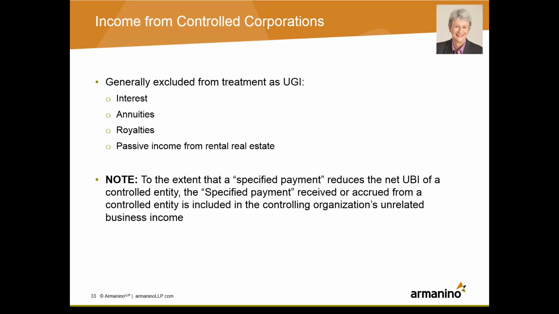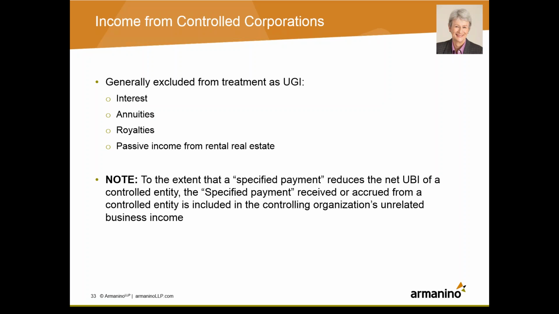So you know that generally interest, annuities, income from royalties, and passive income from rental real estate, as long as none of these things are debt financed, are generally excluded from treatment as unrelated business income. I don't know what UGI is, but it's an interesting acronym. So it's generally excluded from treatment as UBI.